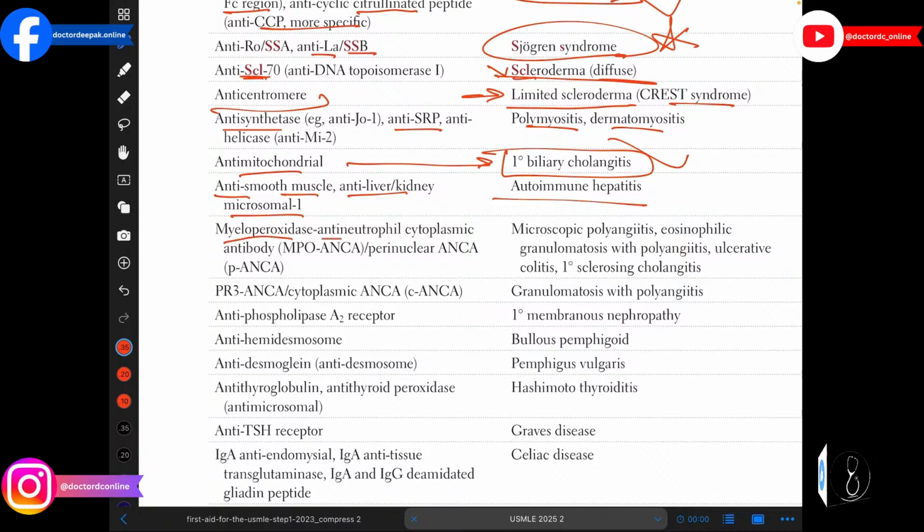Myeloperoxidase, anti-neutrophilic cytoplasmic antibodies, are seen in microscopic polyangiitis, eosinophilic granulomatosis, ulcerative colitis and primary sclerosing cholangitis, with C-ANCA and P-ANCA being the most common.